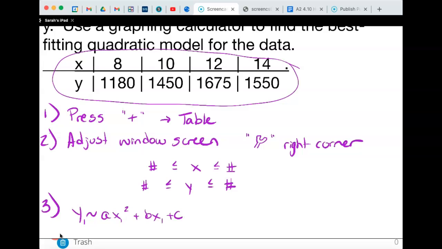So shift. How do you get the square again? These are ones, not commas. How do you get the 2x? Shift 6. Top left.